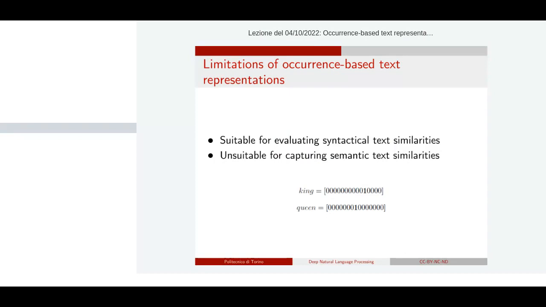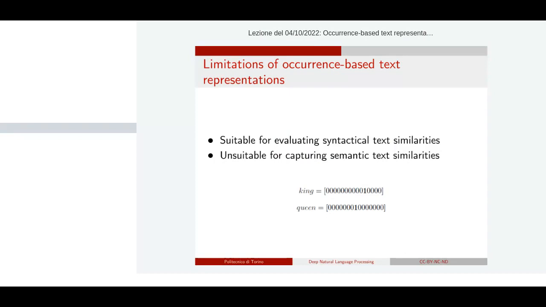Like how you write a specific word, if it is a plural or a singular form, if they have the same stem or the same lemma, if there are dependencies between a noun and an adjective, if the word occurs in a domain-specific dictionary, and so on and so forth. These are syntactical properties of the text. Is it enough? Probably no.